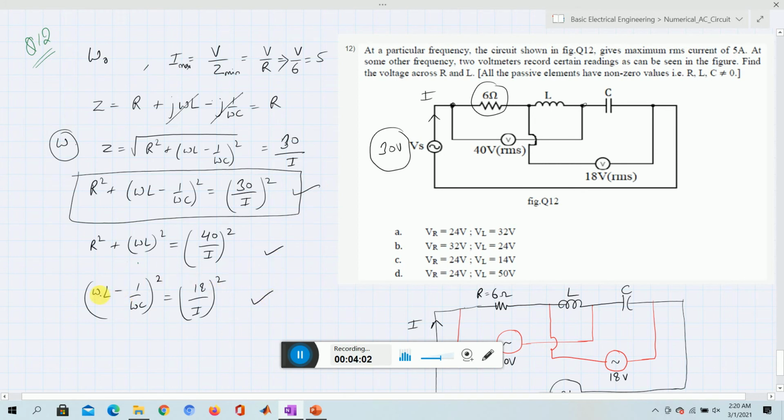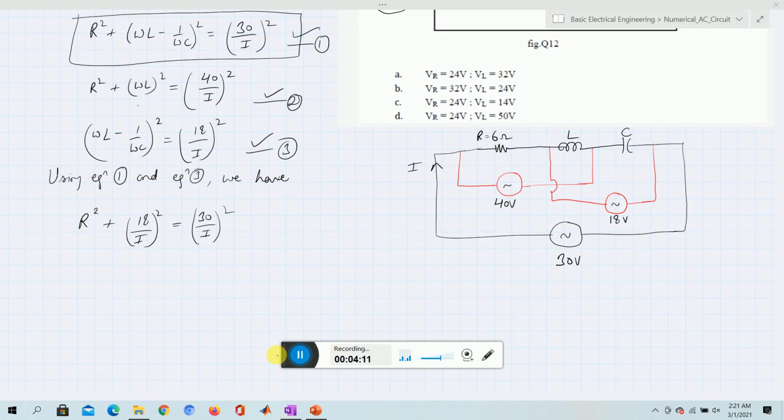What we can do is, omega L minus 1 by omega C square, this value is 18 by I square, so we can substitute here and let us solve. So when we take equations 1 and 3 together, we will put 18 by I square and R square. R is known to us, it is 6, so 6 square is 36.